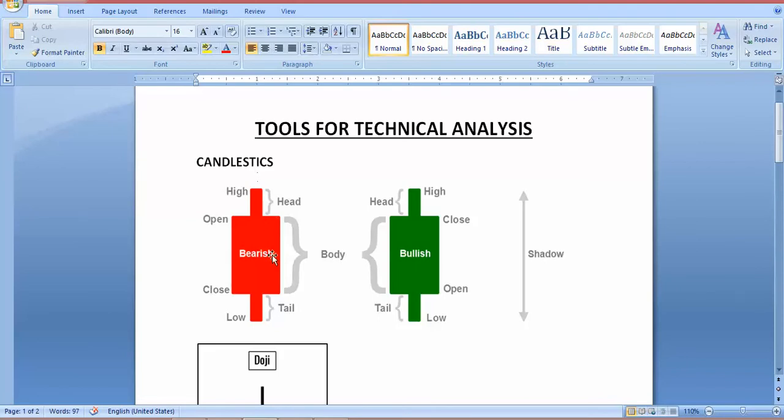When we talk about bearish, it is the action of sellers, because in the market we always have buyers and sellers. So a bearish candle means that the sellers are pushing prices, or prices are moving from top to bottom, or lower.